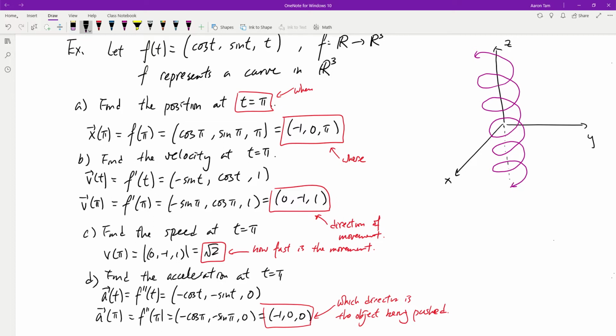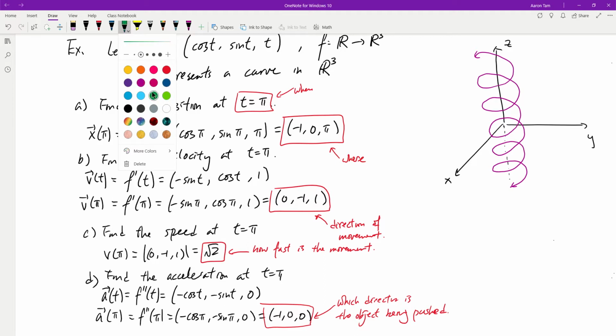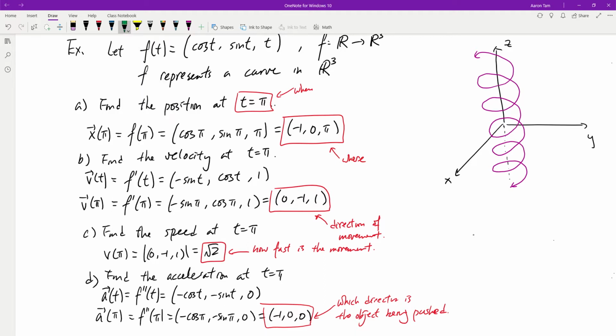So that's what this curve looks like. Actually, it's a spiral that goes up and down. The best way I can help you visualize it is to think of it as the handrail of a spiral staircase that goes up and down.